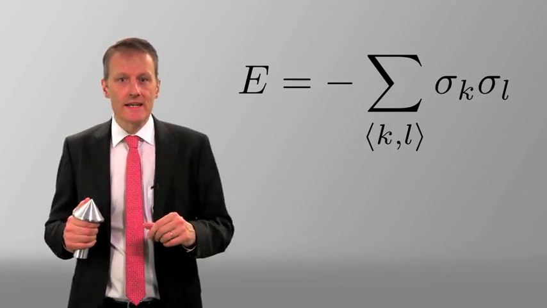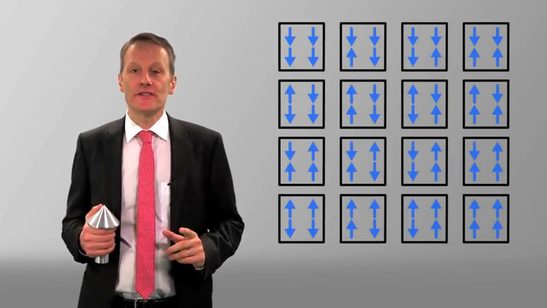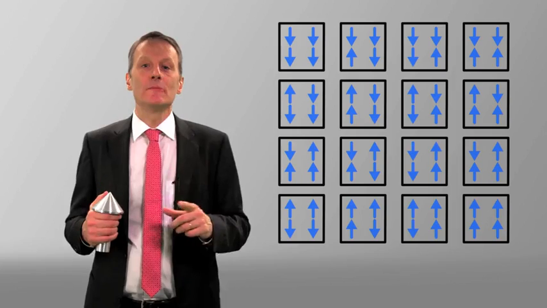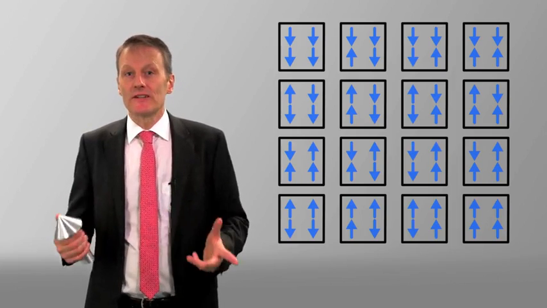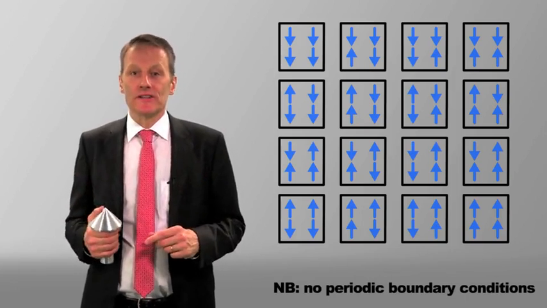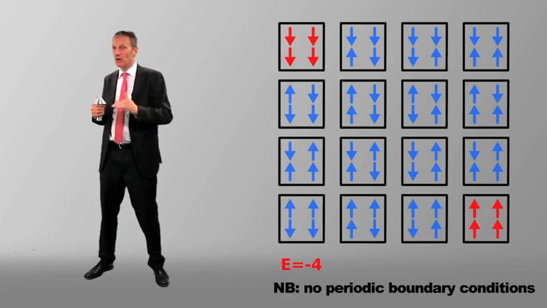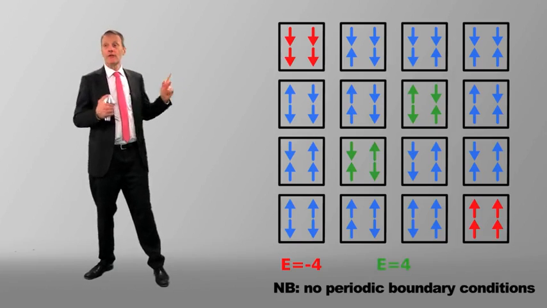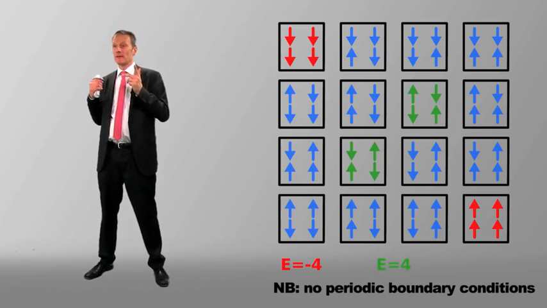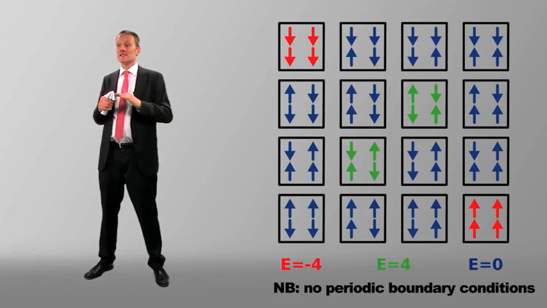For concreteness, here is a list of the 16 configurations of the 2x2 Ising model in 2 dimensions. Without periodic boundary conditions, these 2 configurations have energy -4, these 2 configurations have energy +4, and all other configurations have energy 0.